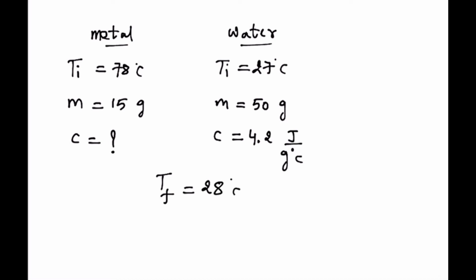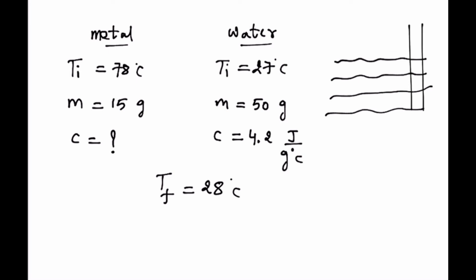The final temperature of the mixture is 28 degrees Celsius. Now how do we measure the final temperature? We keep a thermometer in water, and it reads 27 degrees Celsius. When we drop the metal in water, the metal loses heat energy and water absorbs it. On absorption of heat, the mercury level in the thermometer rises.